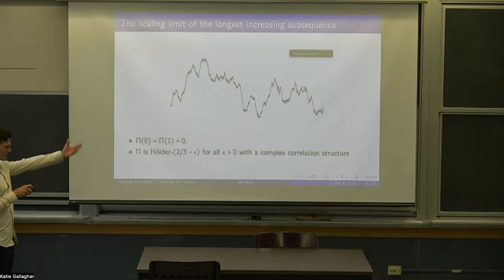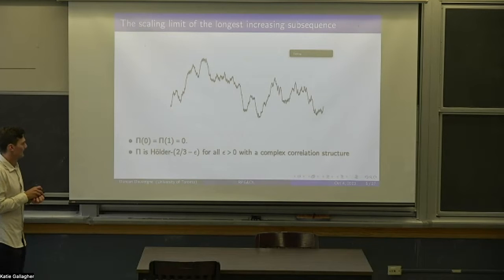The other thing that happens with Brownian motion is the increments of a Brownian motion are just independent. Of course, you can't really see from the simulation here, but this has a complex correlation structure. So all of this suggests that there's really something more interesting going on with the problem than what you usually see with just sums of independent variables.